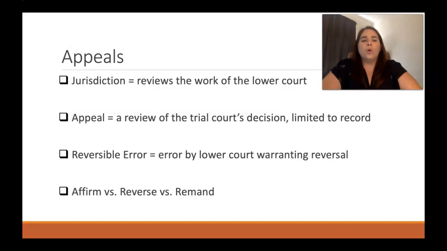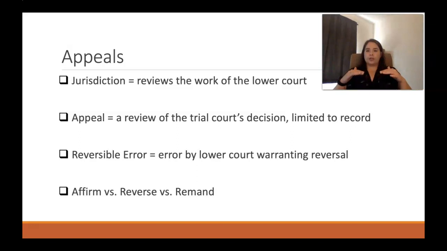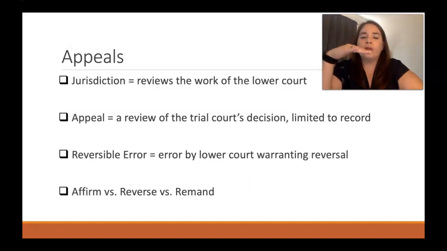Now, when we talk about appeals, I'm sure you have all heard this word, right? Initial jurisdiction is initiated at those general trial courts. The appellate court is one level above them, and what they do is review the work of the lower court.